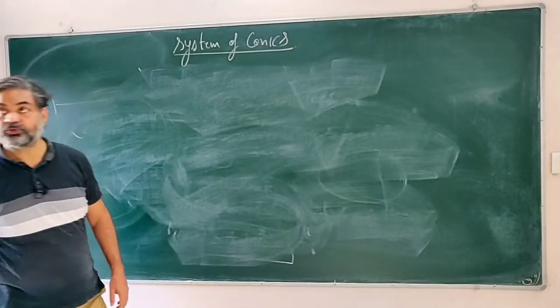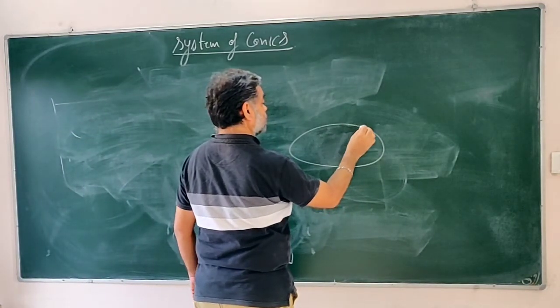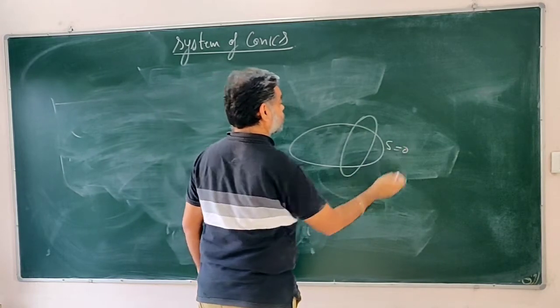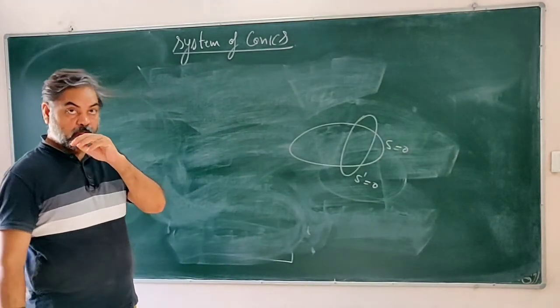Suppose we have 2 conics, this conic and this conic. Suppose this conic is S equal to 0 and this conic is S dash equal to 0.